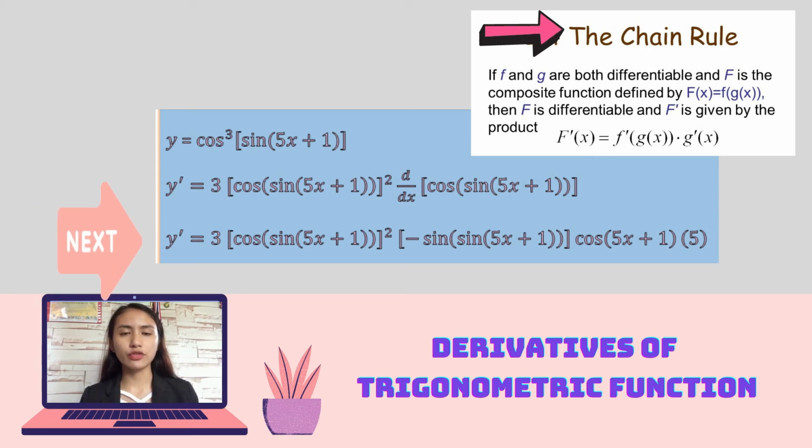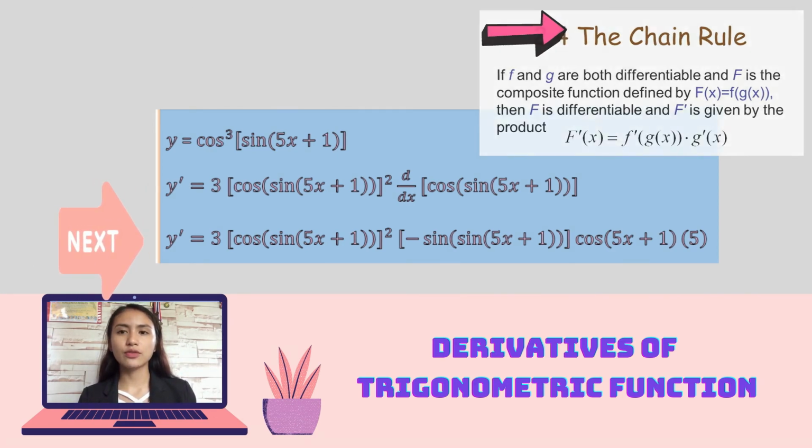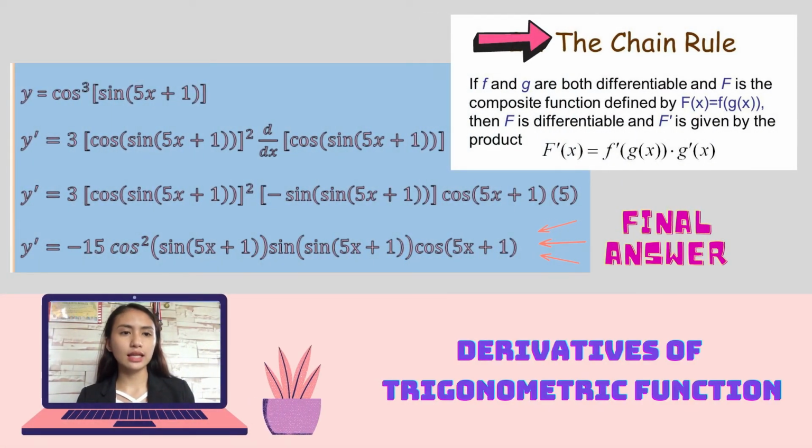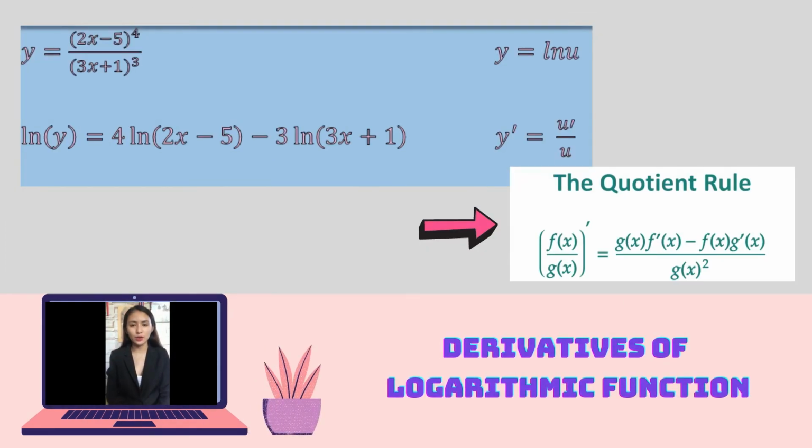And the derivative of 5x plus 1 is 5. So our final answer is negative 15 cosine raised to 2 sine 5x plus 1 sine sine 5x plus 1 cosine 5x plus 1.